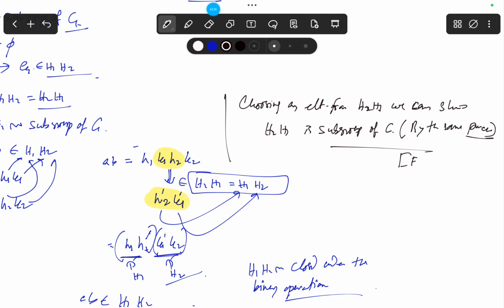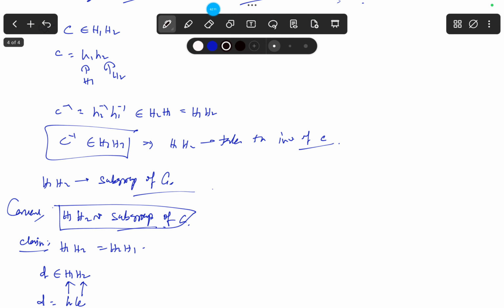Maybe you can take it as an exercise. Just check how much you are familiar with the process. All right, so yeah, here we need H2 times H1 also a subgroup of G.